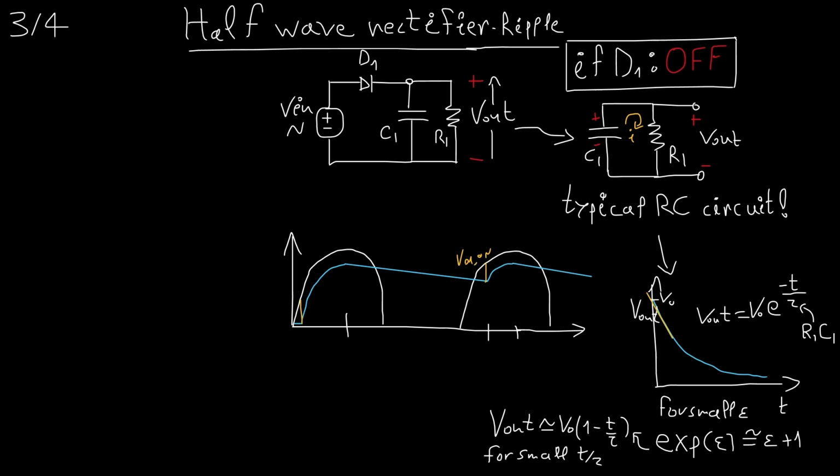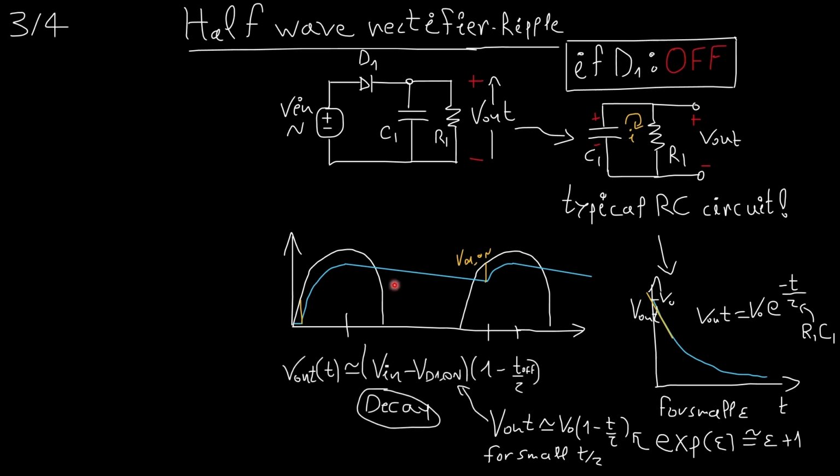If I delete some stuff here, I see that when the behavior is of RC type, the output signal is going to look like this. V0 is going to be what?